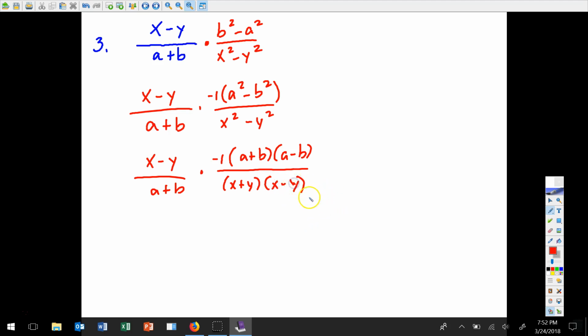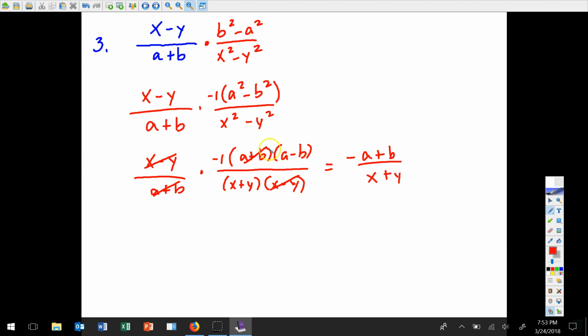And now we look to cancel like factors, matching factors, like a plus b, like x minus y. And it looks like that's all we can cancel. And so we can write our answer. If we want to go ahead and multiply -1, negative a plus b over x plus y.